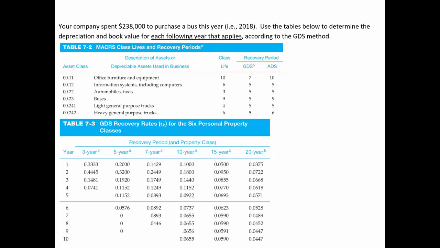Then what we'd like to know is the depreciation and the book value for each year. So if it's purchased in 2018, how much depreciation do you get in 2018? And what's the book value at the end of that year? And then what's the depreciation and book value for each subsequent year?